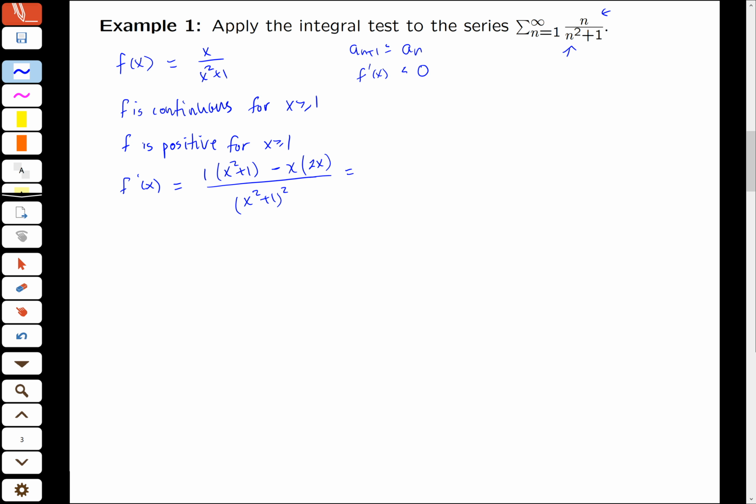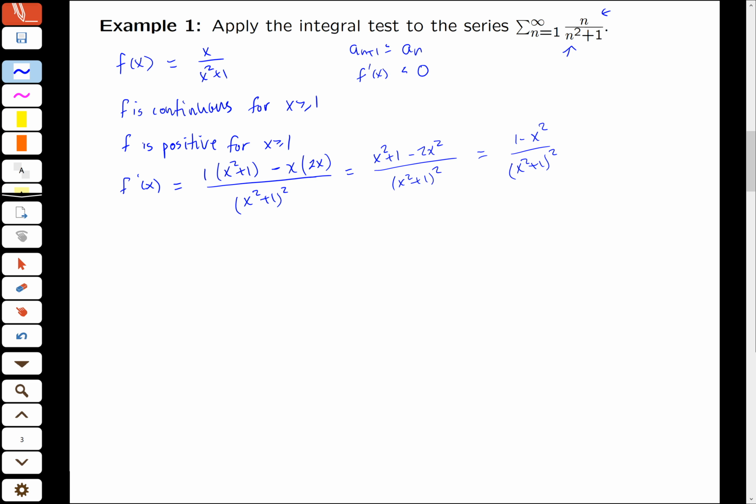Well, let's simplify this. This becomes x squared plus 1 minus 2x squared, all over x squared plus 1 squared. What is x squared minus 2x squared? Negative x squared, so it's 1 minus x squared over x squared plus 1 squared. The denominator is always positive.